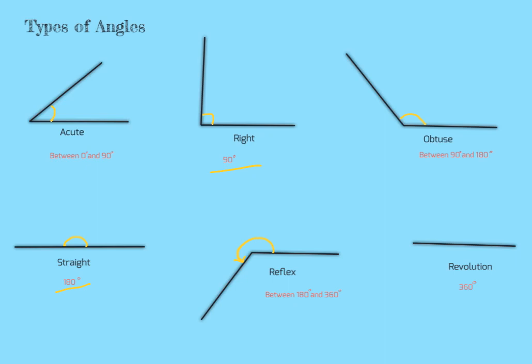It's anywhere between there. And then we have the last one, which is a revolution. So if we have a line that goes all the way around and then suddenly comes back, so it looks like there's just one line, but it's actually moved all the way around, then it has moved 360 degrees. That's one full rotation. That one's called a revolution.